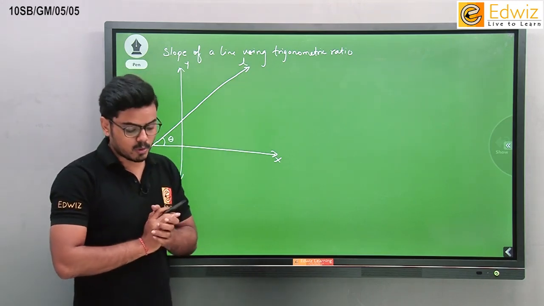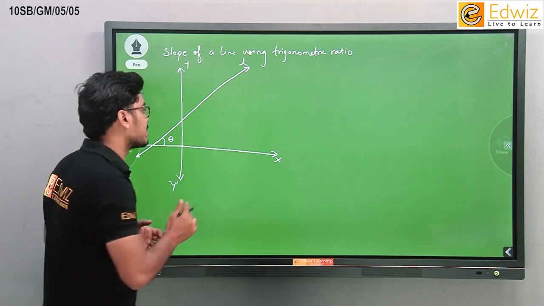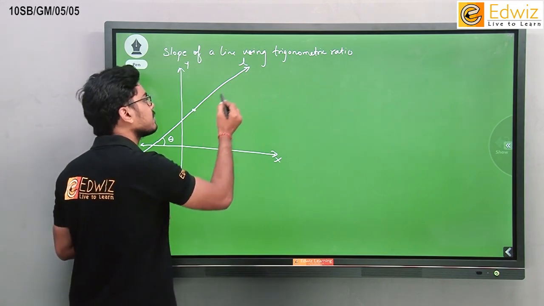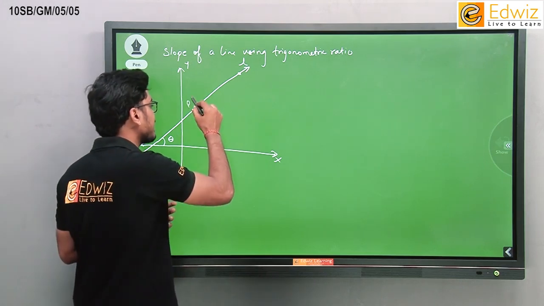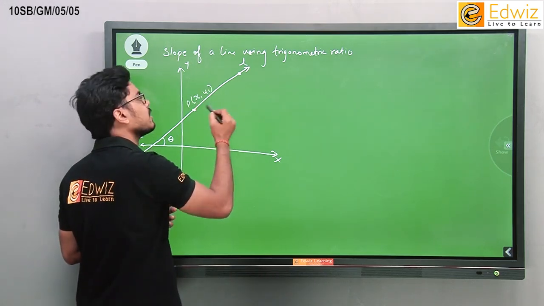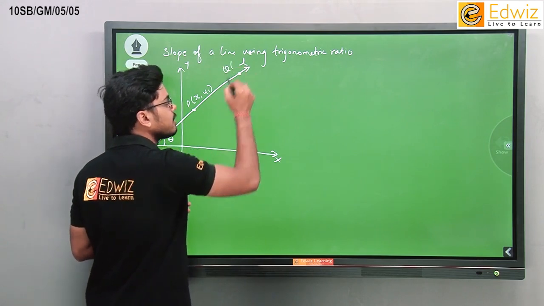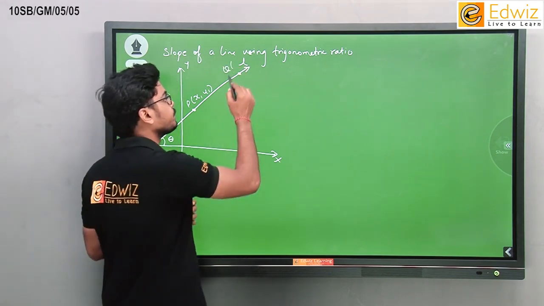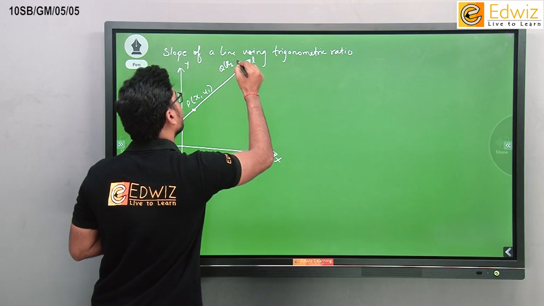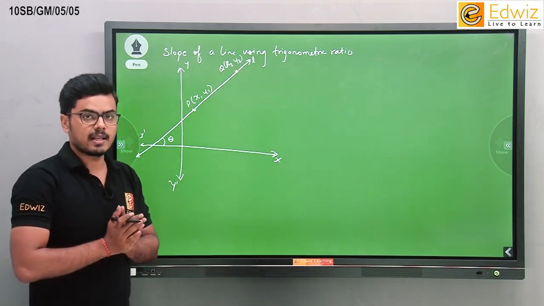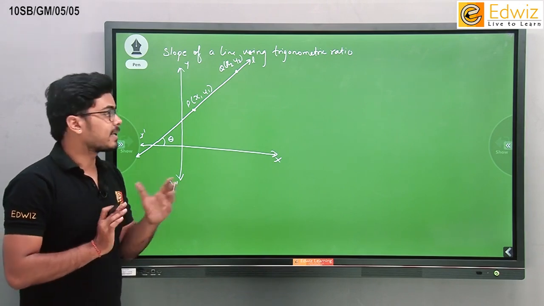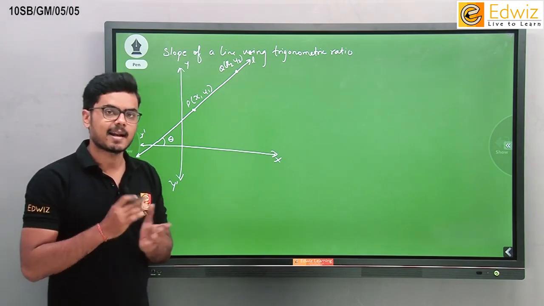On this line, as I told you earlier, I am going to assume 2 points. So say this is one point and this is one point. One of them I'll take x1, y1, the other one I will take x2 and y2. So these are the 2 points I'm assuming on this line. I have to use trigonometric ratio, so obviously I'll need a right angle triangle.